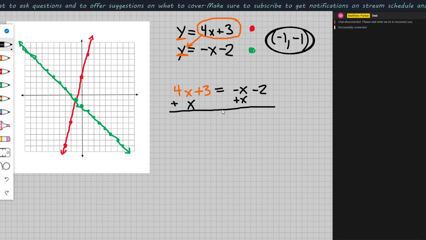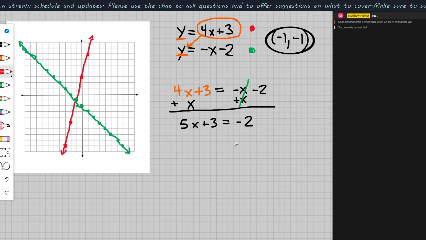So negative x plus x, I took away this x. If you wanted to take away 4x, that's fine. I just got rid of this one since it's already negative and we're just making it positive. So these cancel, that's 0. So I'm going to go back to just black. 4x plus x is going to be 5x plus 3 equals negative 2.